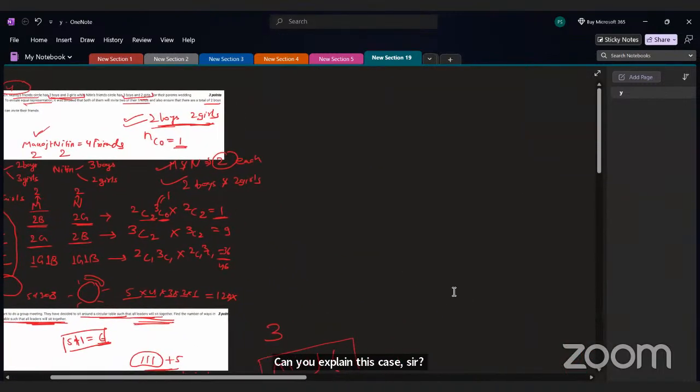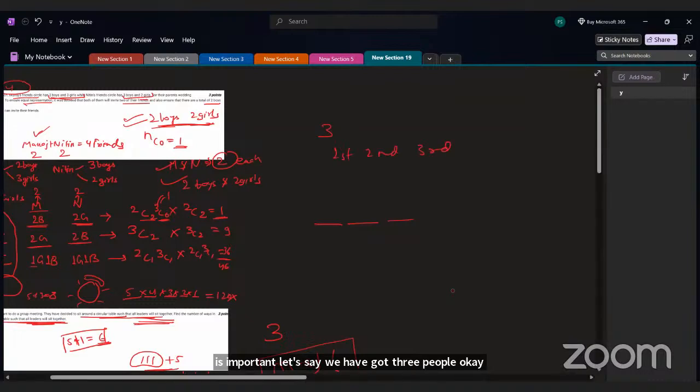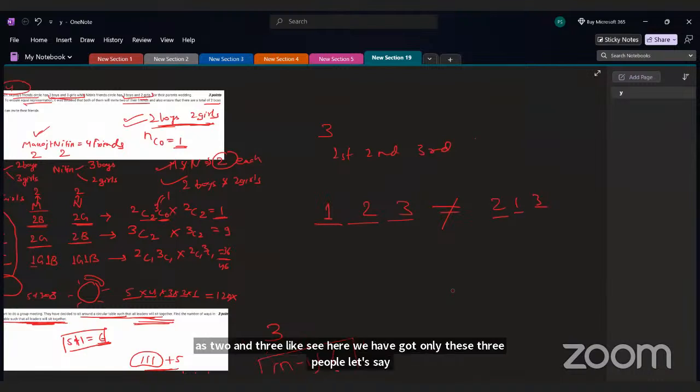Permutation is used where arrangement is required; arrangement is important. Let's say we have got 3 people: first, second, and third. You will use permutation when the order 1, 2, 3 is not the same as 2, 1, 3, because the way they are arranged is different.